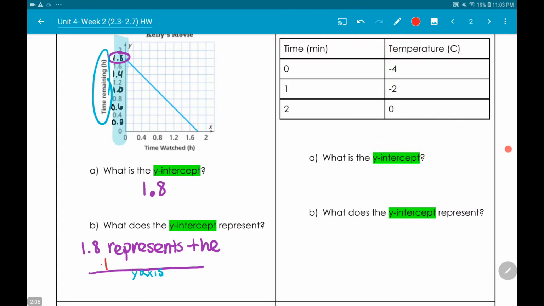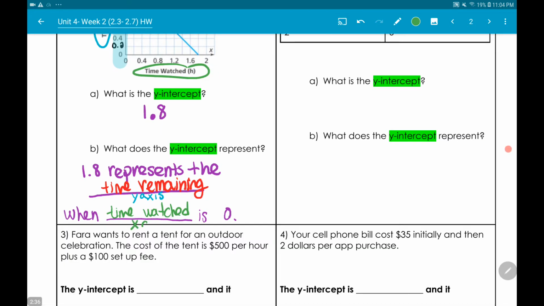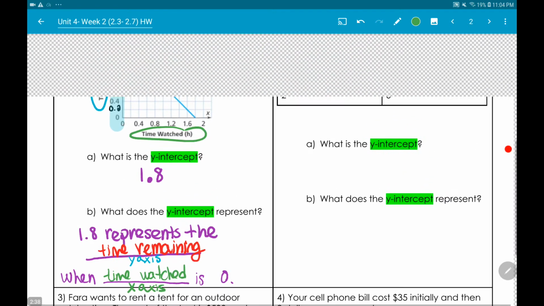It represents the time remaining when the x-axis is 0.